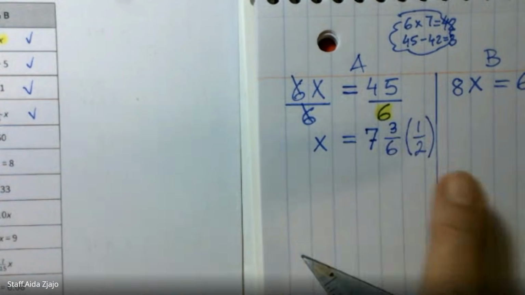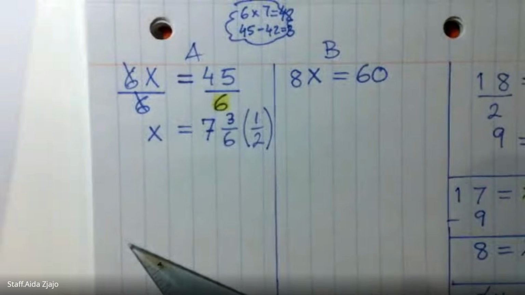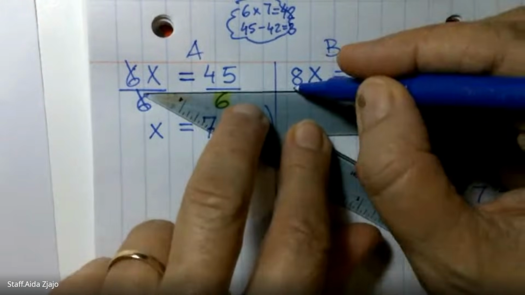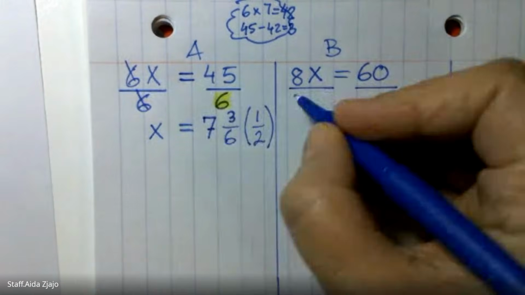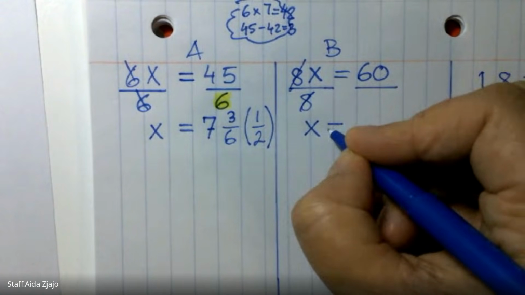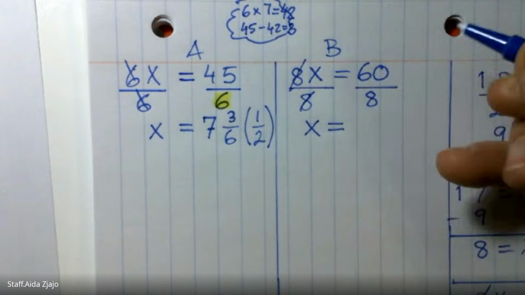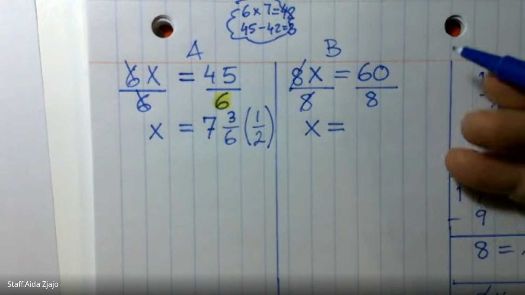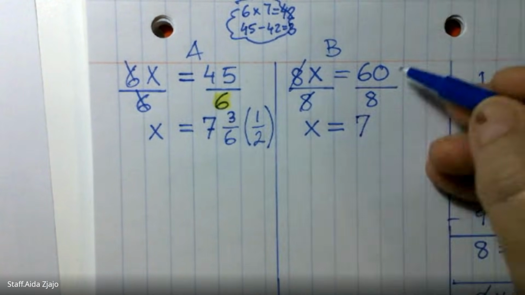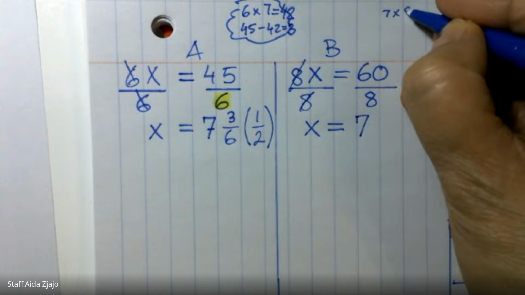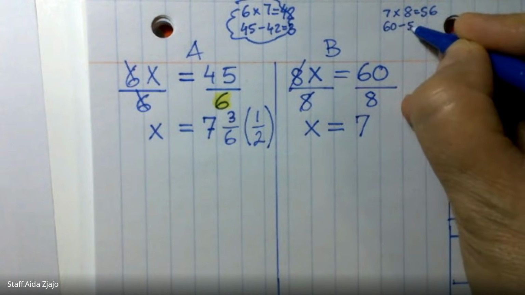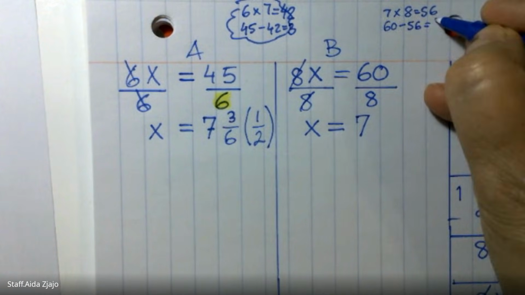Let's see how that other one should be the same. So if I divide by 8 on both sides, I can have x the same as 60 divided by 8. 7 times 8 is 56. So 60 minus 56 equals 4.